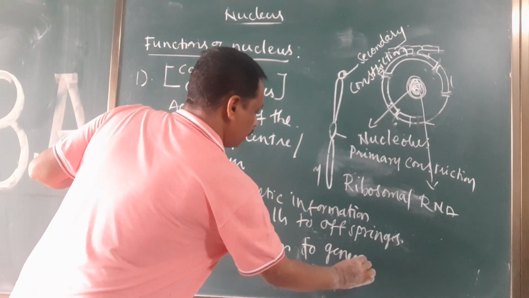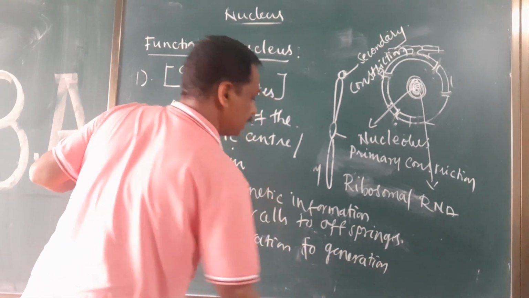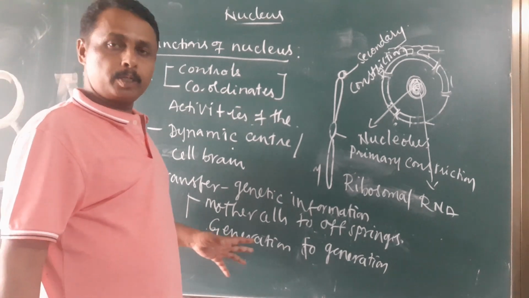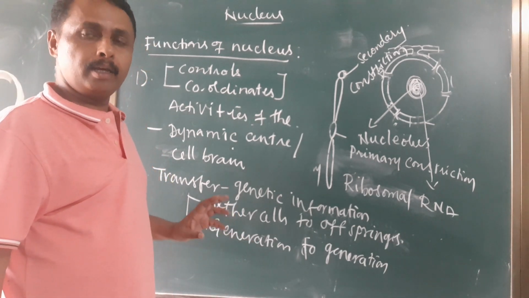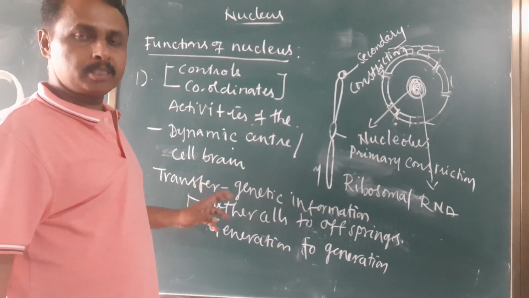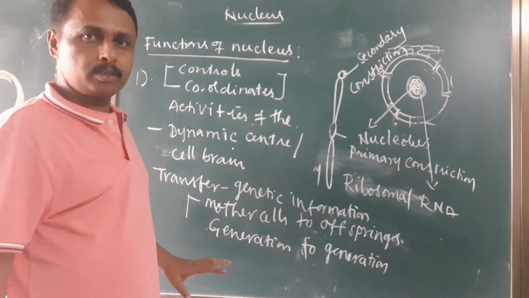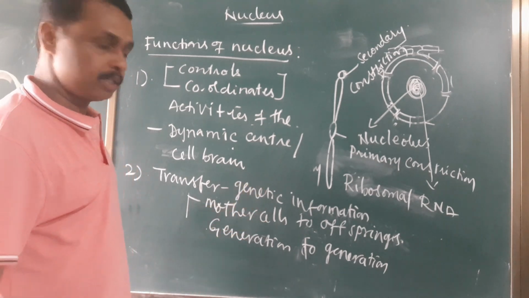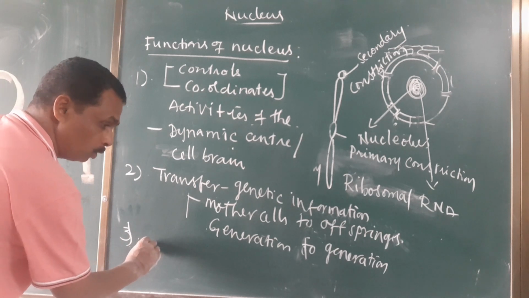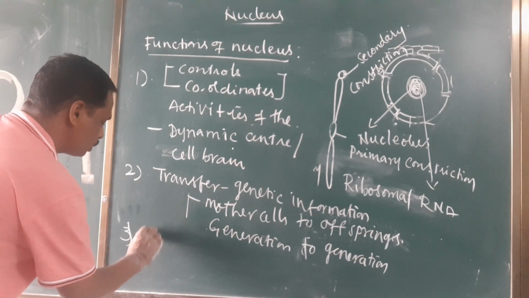That's why Hammerling conducted an experiment on Acetabularia and proved that it plays an important role in hereditary information. That means it passes the genetic information from parent cells to daughter cells from generation to generation.